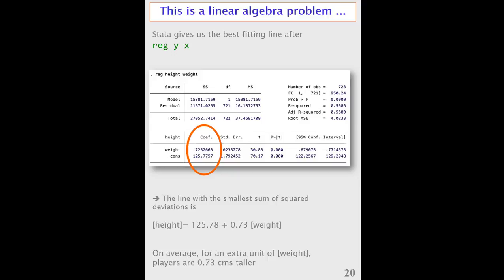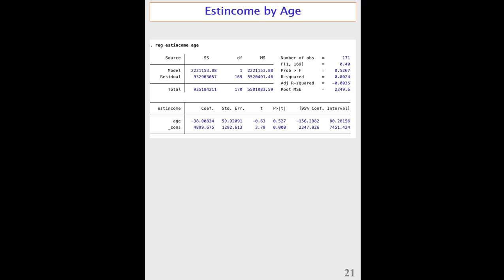Any questions about this? Finding the best line. Stata does it for you, and the numbers are there. Okay, age, let's see how that works. Regress estimated income on age. What we saw before was that the slope of that line was downward, so we get a negative number over there, minus 38, and the constant there is about 5,000.